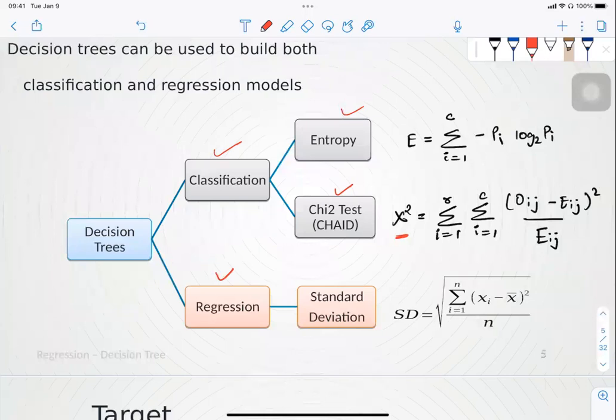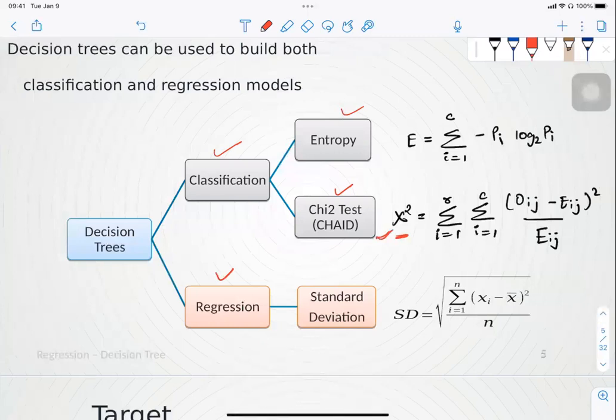A simple example: casting a die has higher entropy than tossing a coin, because each outcome of a die toss has smaller probability than a coin toss. That is where we use entropy. And the chi-square test we use for hypothesis testing. The basic idea behind the chi-square test is to compare the observed values in your data to the expected values. So basically it tells us whether we accept or reject the null hypothesis.